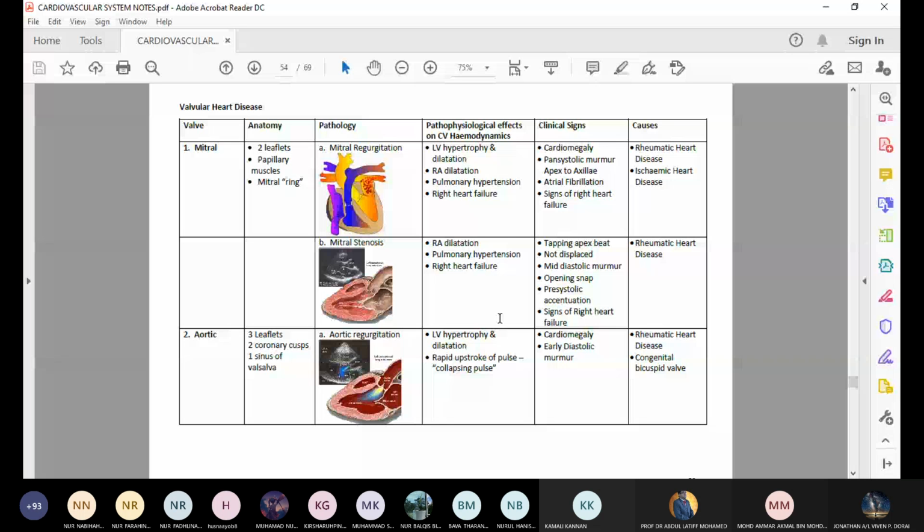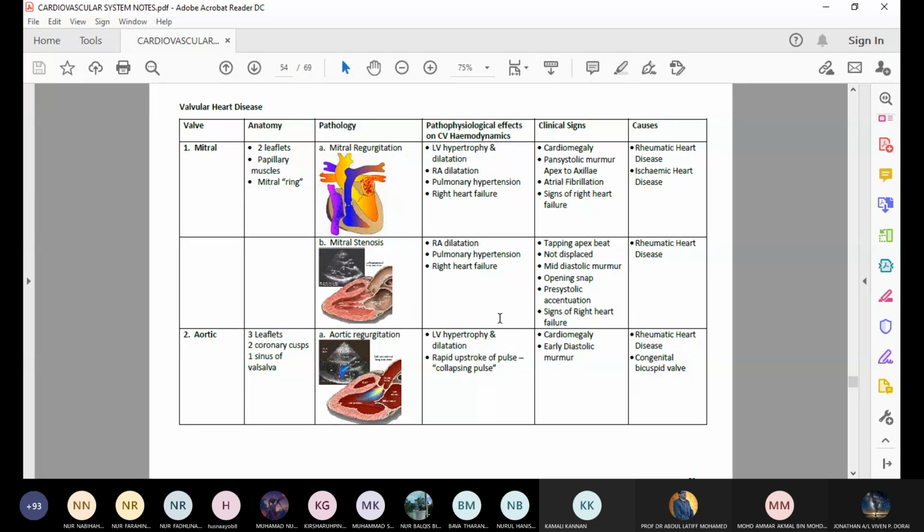Okay, mitral regurgitation. What happens is that the mitral valve becomes damaged, and blood that is supposed to be pumped from the ventricle into the aorta, because the valve is regurgitant, flows back into the left atrium. Okay, so the left ventricle now needs to work extra hard.